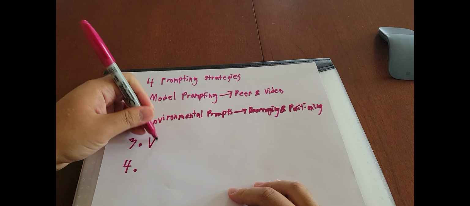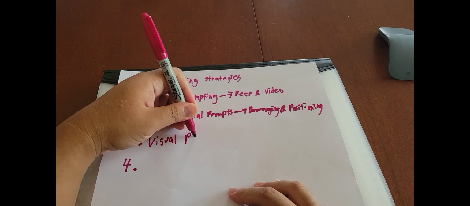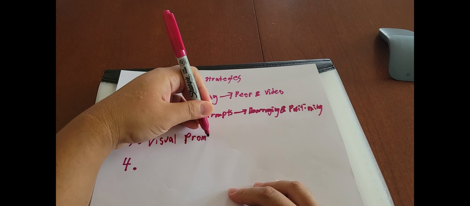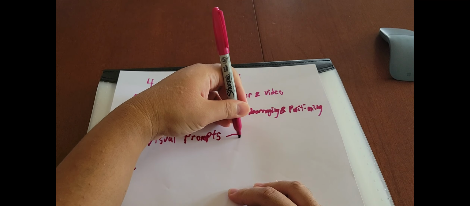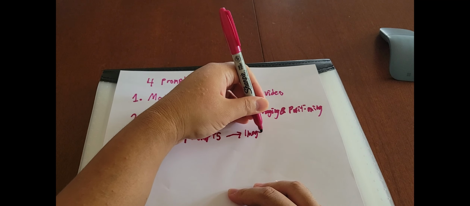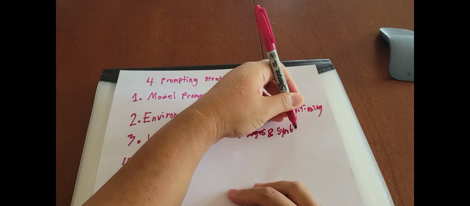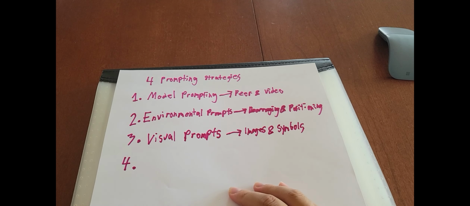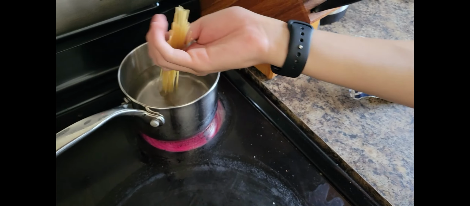Another strategy that could be used is using visual prompts to cue the behavior. Visual prompts can also be classified as a variation of positional prompts. However, in this case, we will rely on images posted that can remind the learner of what to do. Placing the images and symbols near the cooking area, like on a fridge or nearby, can help prompt the correct steps.